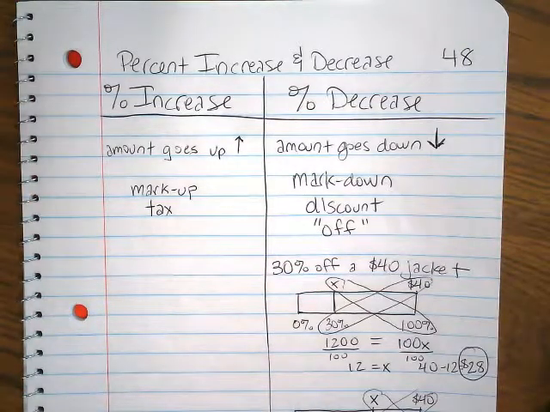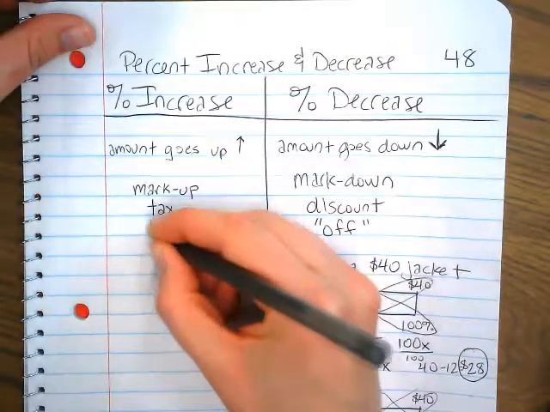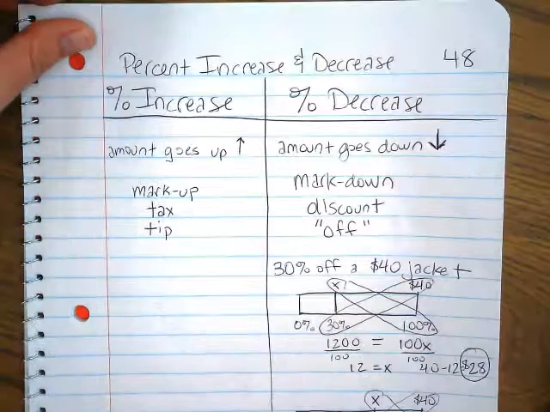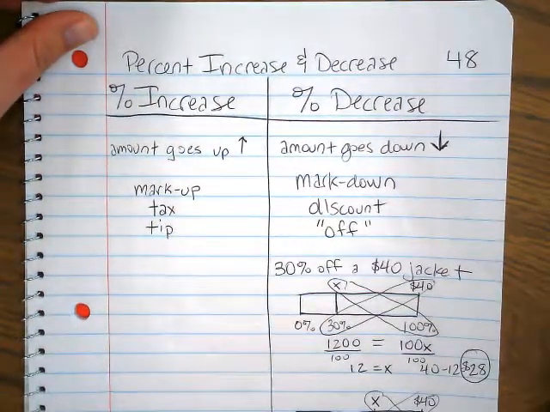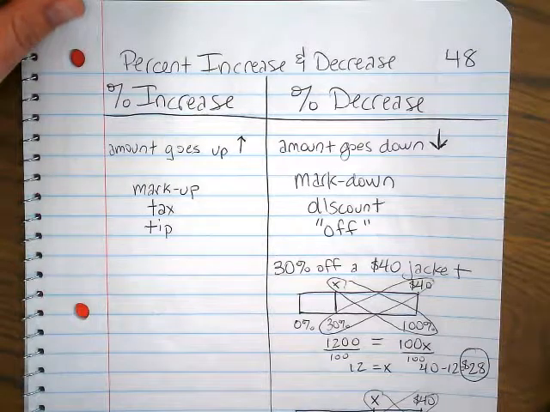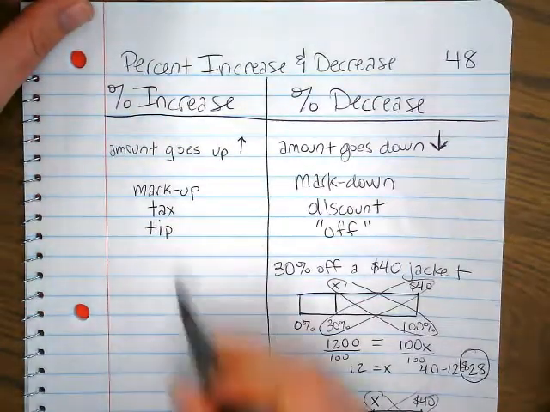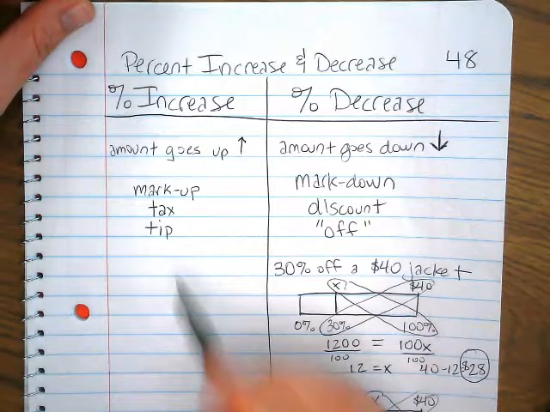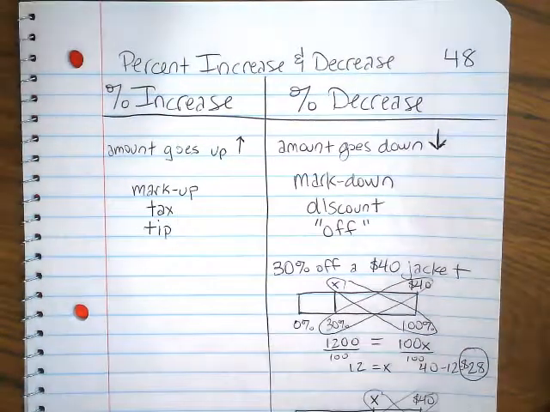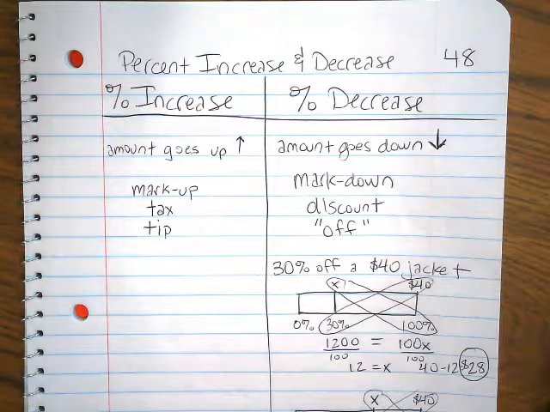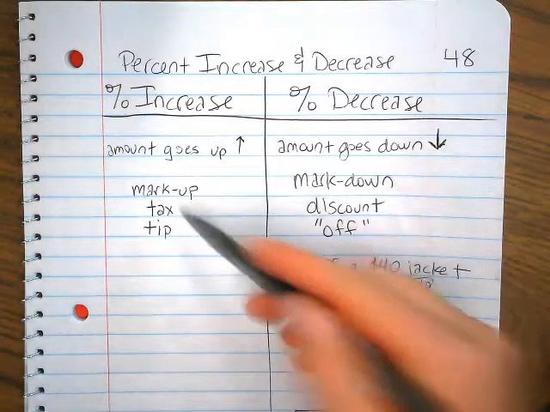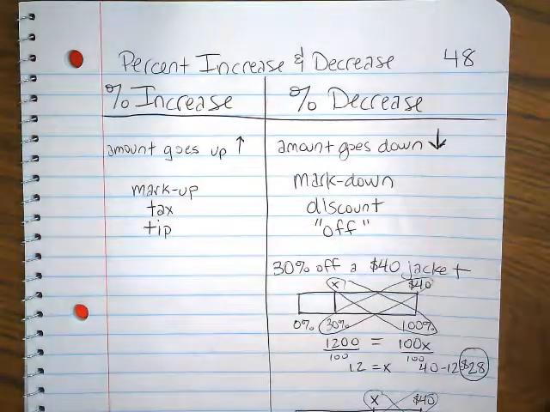And then one last thing is tip. If you've ever gone to a restaurant or a coffee shop where you need to tip, you'll know that that increases the amount that you spend, because you might spend $3 on a coffee but then tip 50 cents, and so the amount that you're paying is increasing. So these are some examples of the times that we have an increase.